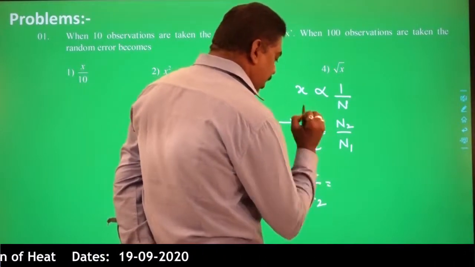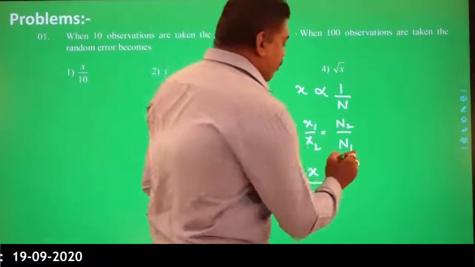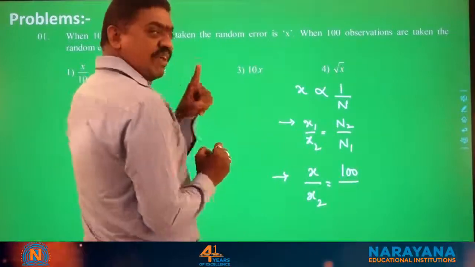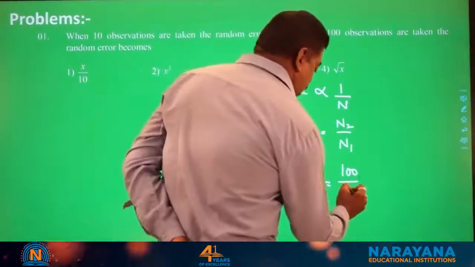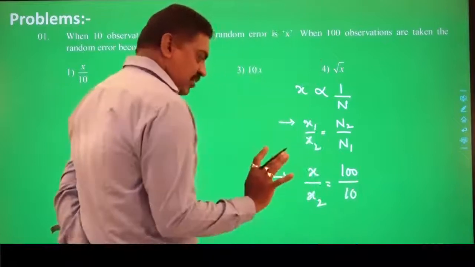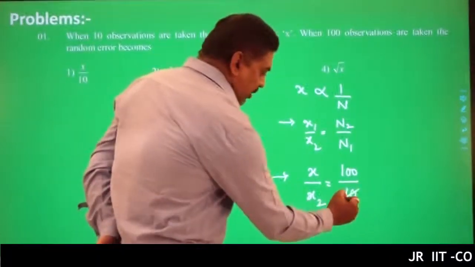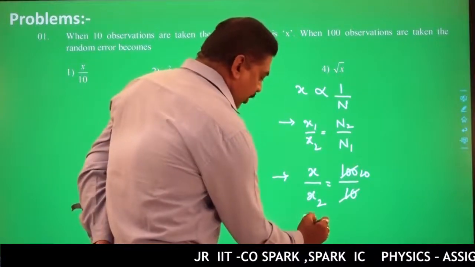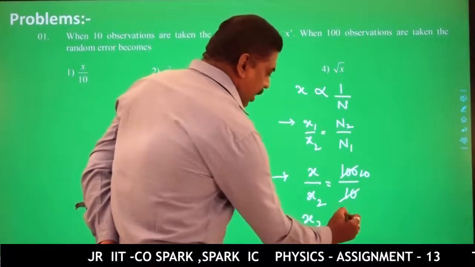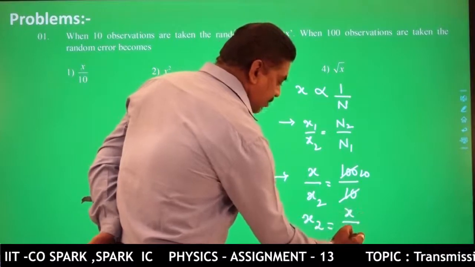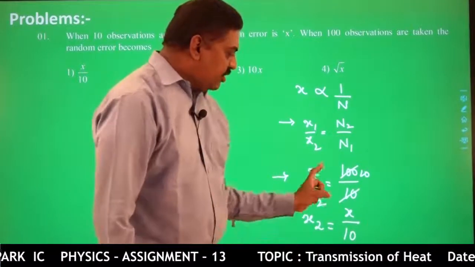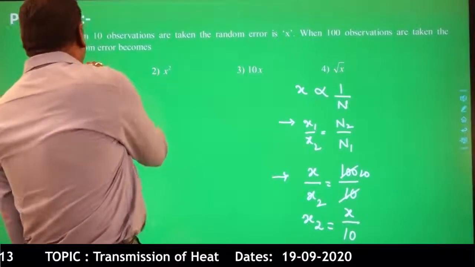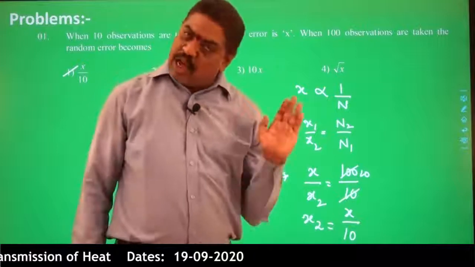The number of observations n2 is given as 100, and n1 is given as 10, so 100 by 10 is 10. Then x2 is given as x by 10. x by 10 is your first option. Got the idea how to do it?